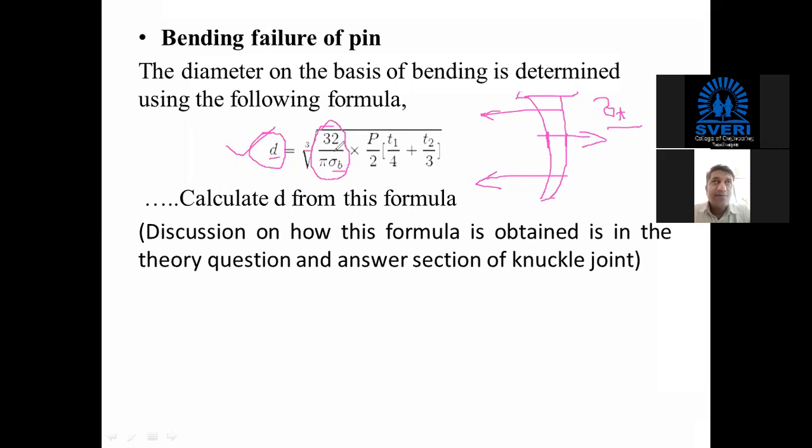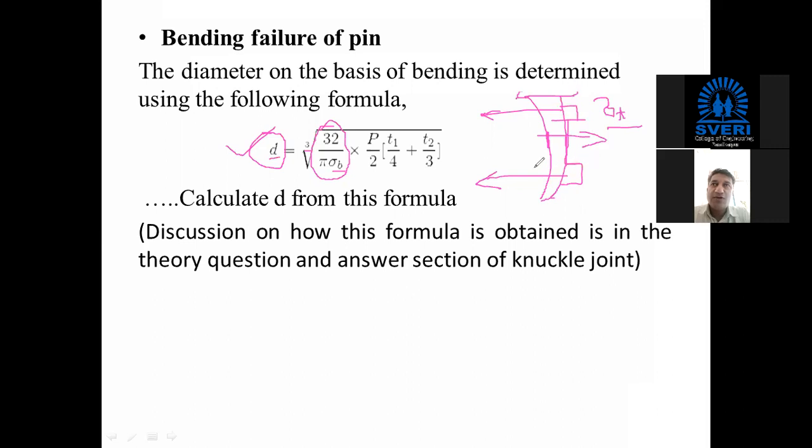Cube root of 32 divided by pi sigma b into p by 2 into t1 by 4 plus t2 by 3. Because t1 here is the thickness where the bending is going to take place, and t2 is the thickness of the double eye.